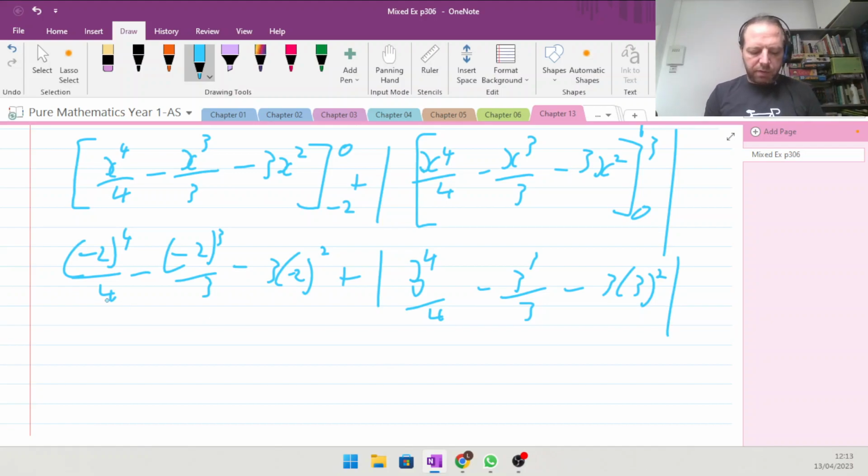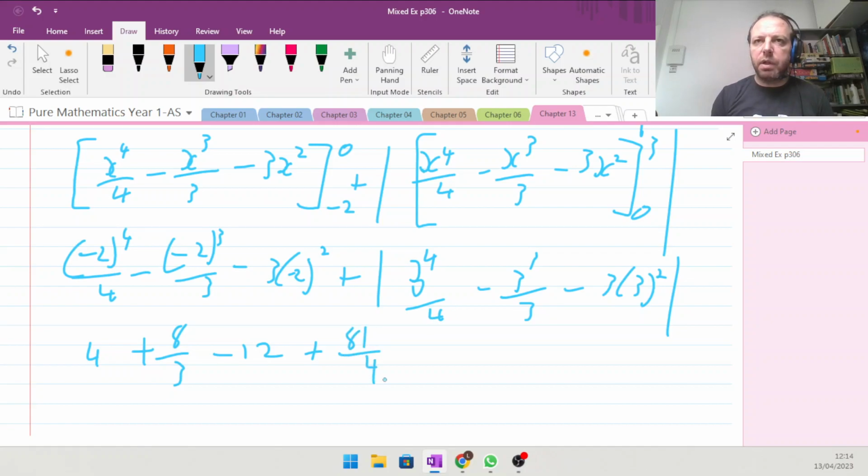So 2 to the power of 4 is 16. 16 divided by 4 is 4, minus, it's going to become a plus, so that becomes minus 8 divided by 3, so 8 over 3. So that's 4, 3 fours are 12, minus 12, plus 3 to the power 4 is 81 over 4, minus 27 over 3, which is minus 9, and minus 27.